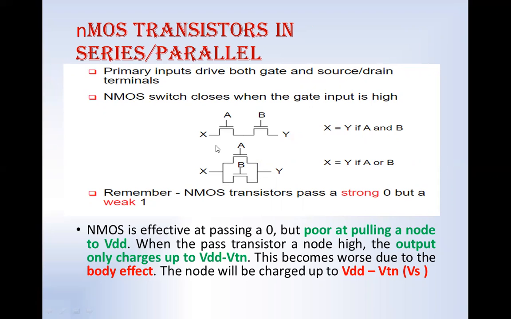So in order to transfer logic 1, the X value cannot be as high as VDD, but it is VDD minus VTN that can be transferred to the output, because that VTN amount is required to maintain the transistor on. So logic 0 is transferred perfectly, but when we try to apply logic 1, VDD minus VTN is the output voltage we can observe.